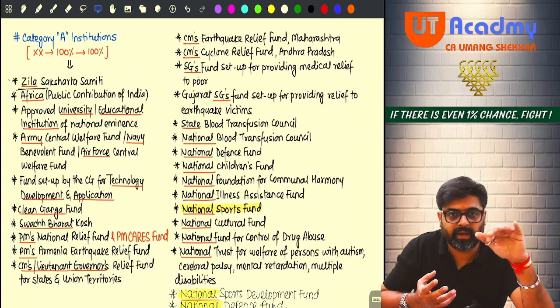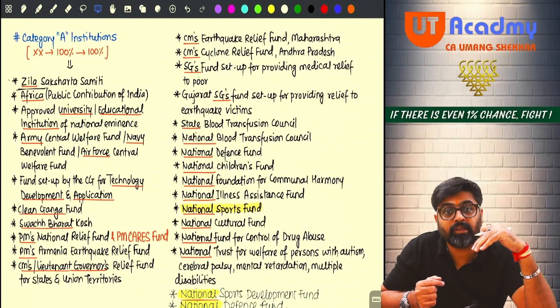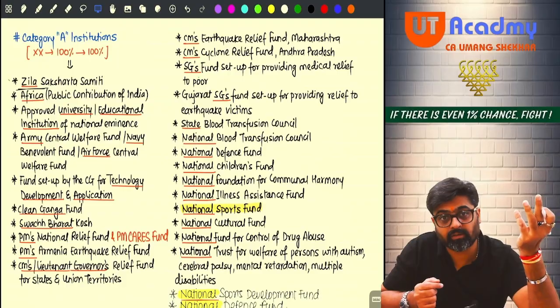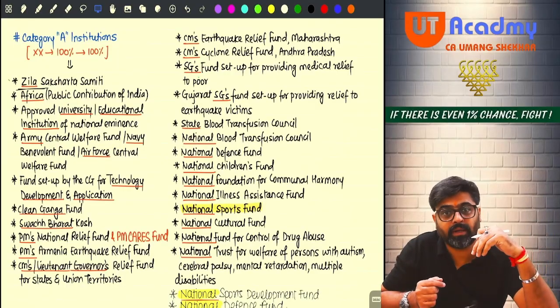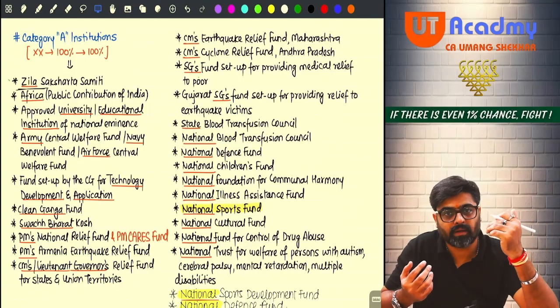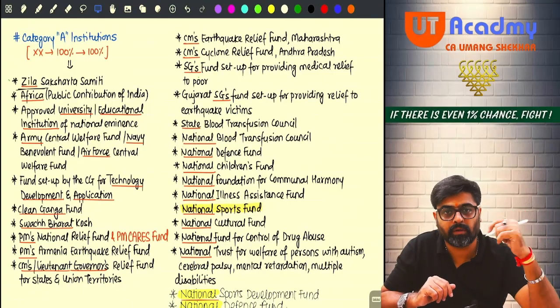So those entities who are involved in technology development, who are involved in technology application, etc., those entities are funded by the government. Government is giving them grants, giving them money: take this grant from us, develop a technology, develop a method to apply that technology. How much money you want? This much we are going to give you.